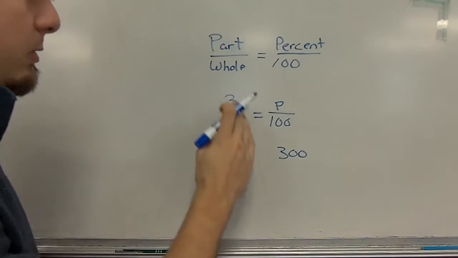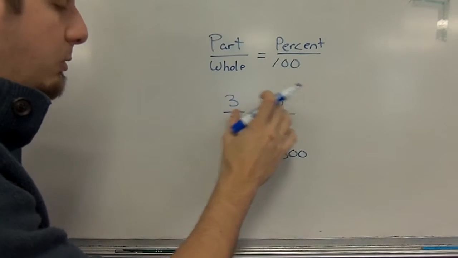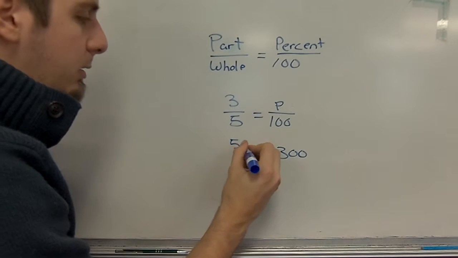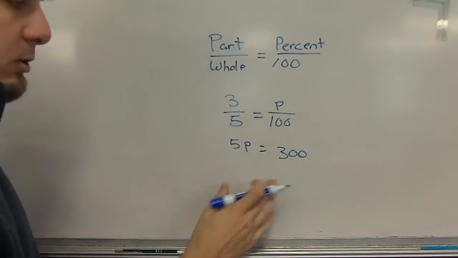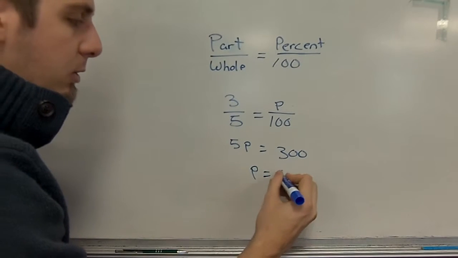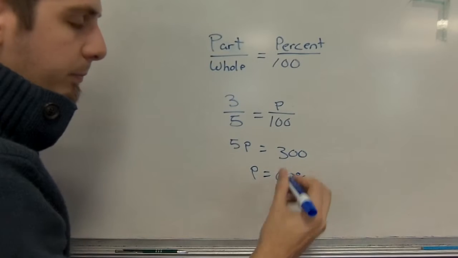So if I want to know what 3/5 is as a percent, I can cross multiply and then solve this one-step equation and figure out that 3/5 actually represents 60%.